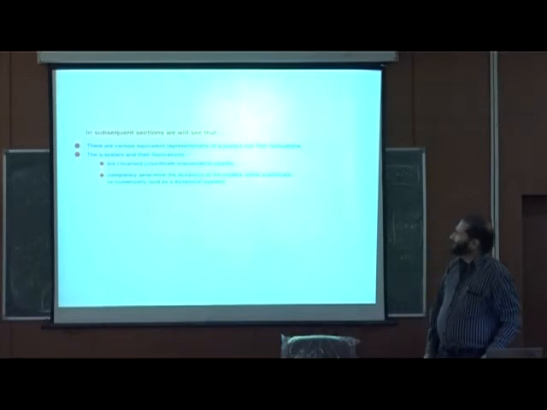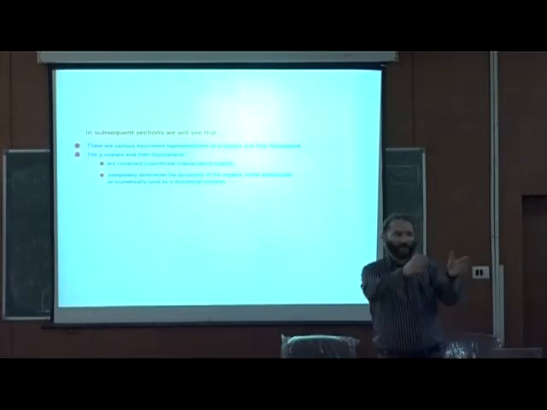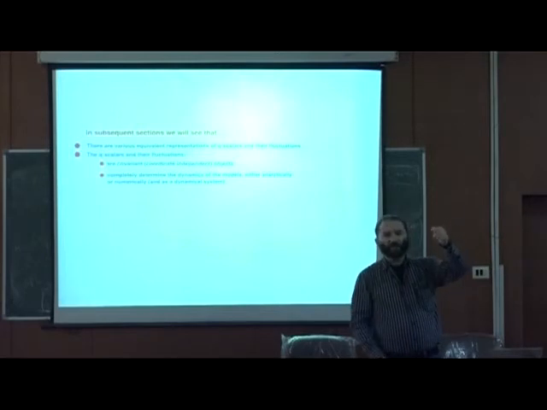Then they completely determine the dynamics of the models, either analytically or numerically, and they do so as a dynamical system. So once we have a set of Q scalars and their fluctuations, the models are determined. They can be determined analytically because we can find scaling laws for them, or numerically by evolution equations for them.